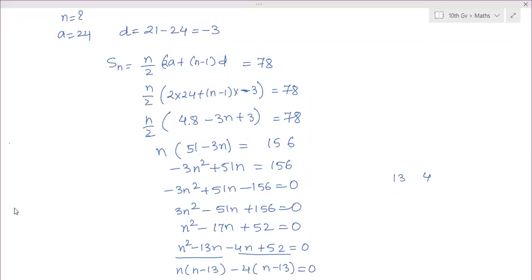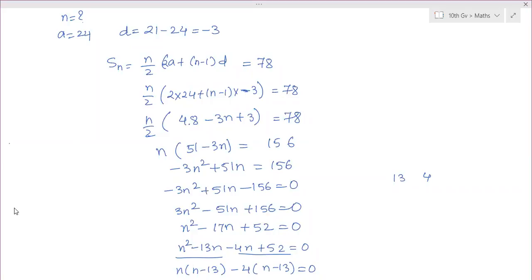The sum of first plus second plus third plus fourth term is equal to 78. Then sum of first, second, third, fourth term plus fifth, sixth, seventh, eighth, ninth, 10th, 11th, 12th and 13th. Sum of all these is also 78.